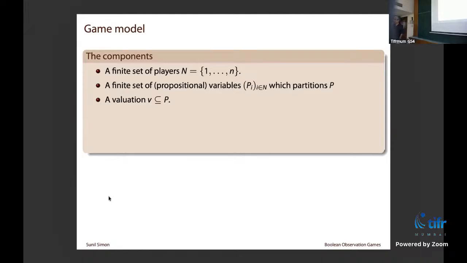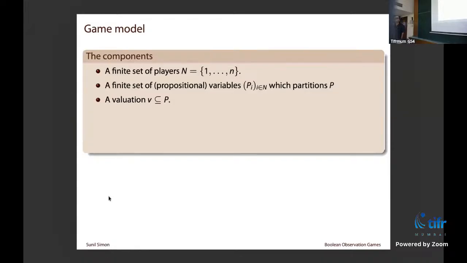The set of propositions is partitioned into n parts, so each player is associated with a finite set of propositions. Typically in a Boolean game, the players control those propositions, so the strategy of a player is to choose a valuation for that set of propositions.